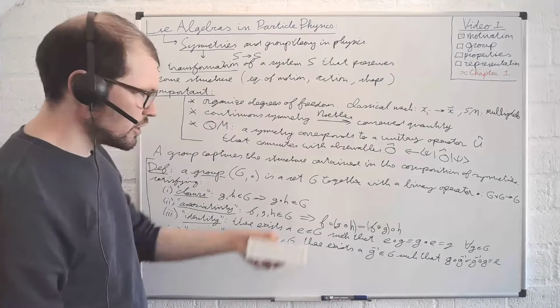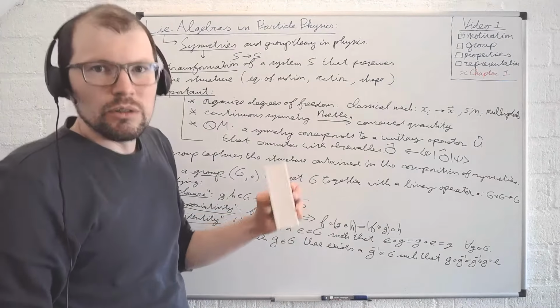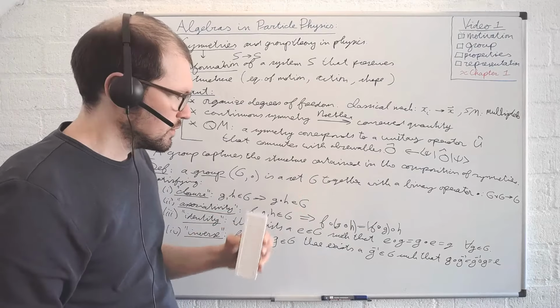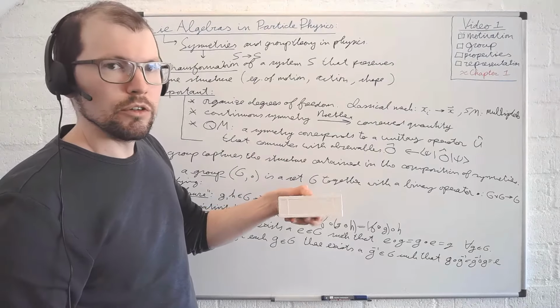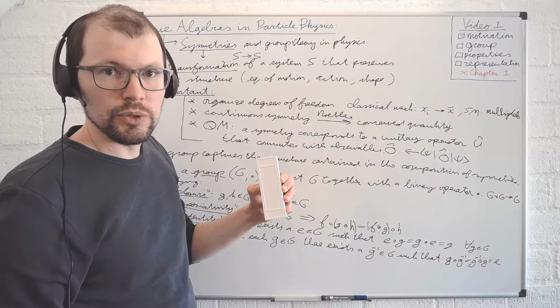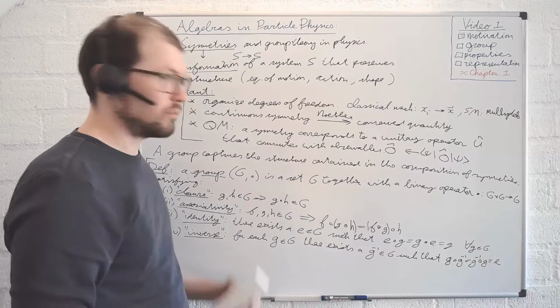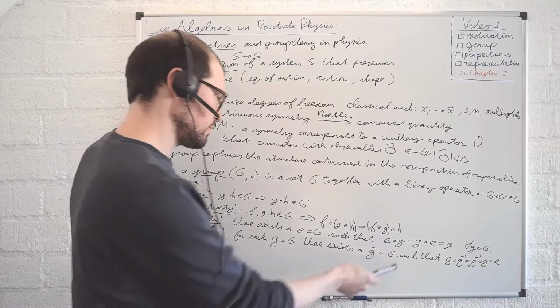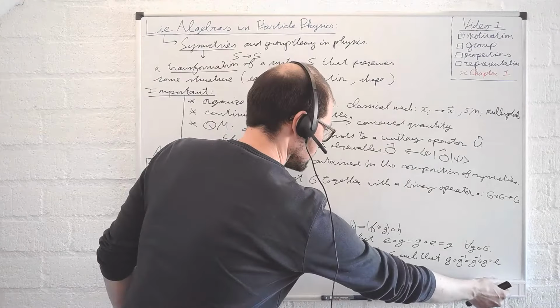The inverse, well, clearly for rotations, if I have rotated something, I can always rotate back. So if I compose a rotation by pi over 2 with a rotation by minus pi over 2, I'm back at the identity transformation, doing nothing. So certainly for rotations, there is always an inverse.